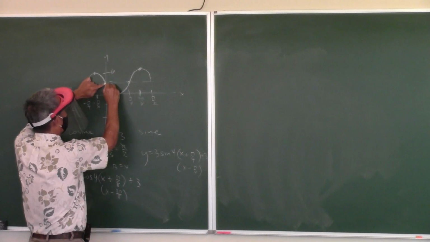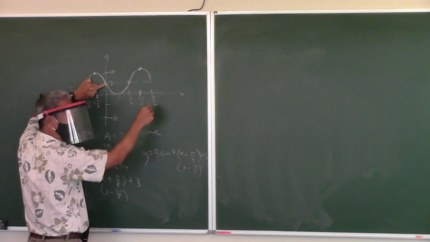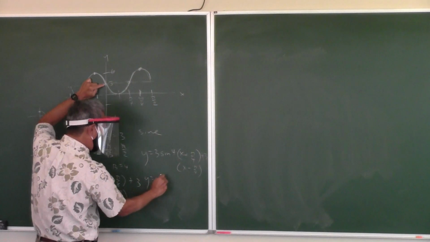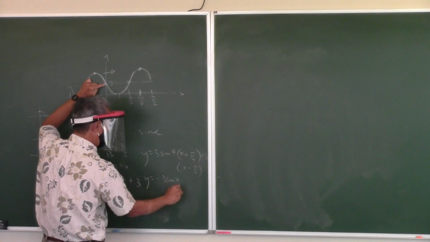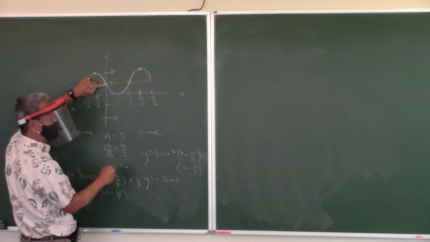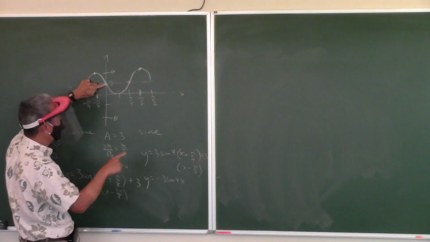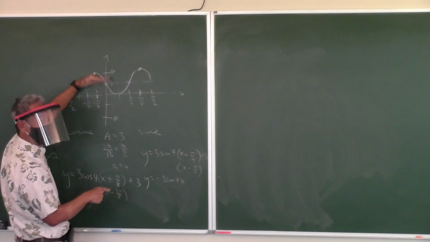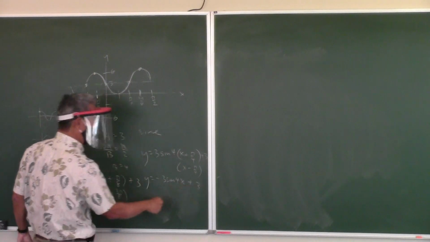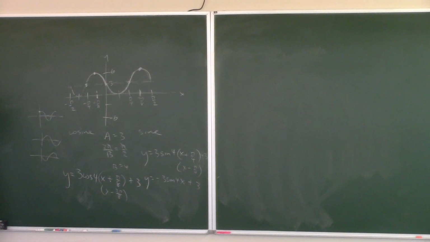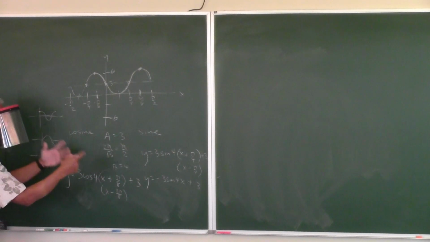Look, right here, a negative sine graph is like this, right? So you could have gone negative 3 sine, and then you don't even have to shift it left or right, because that's where it starts, but you still have to go up 3. So any one of those 3 would be good. Just give me one of them.